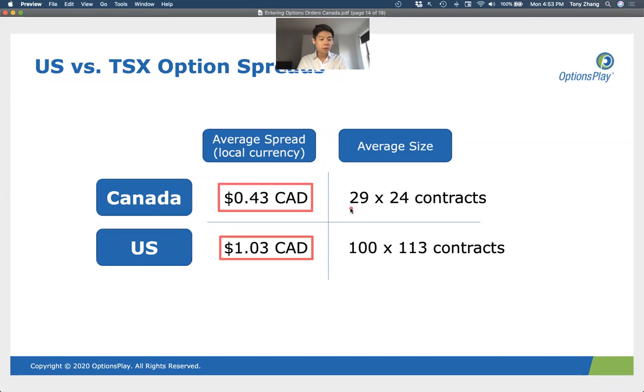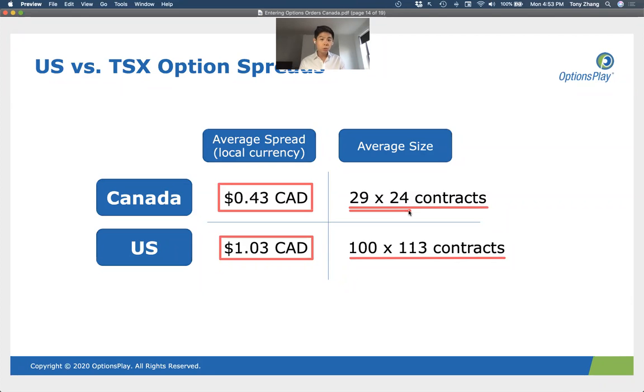The only difference that we noticed here was that the Canadian quotes were for smaller amounts of contracts available. However, the average contract size was 29 contracts versus 24 contracts, and for most retail traders, the average contract size is under 10 contracts per trade.